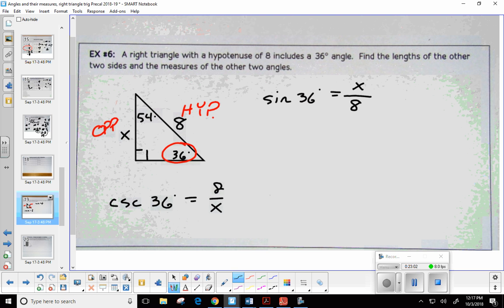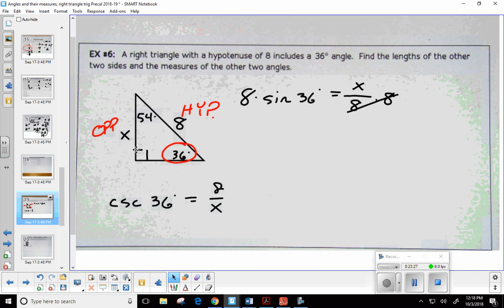Now, personally, I would encourage you to go ahead and set up a trig function where your unknown, what you're trying to find, is on top. Because check it out. All I need to do to solve for it is just multiply both sides by the denominator, because those are going to cancel. Okay. So all I need is 8 sine of 36.